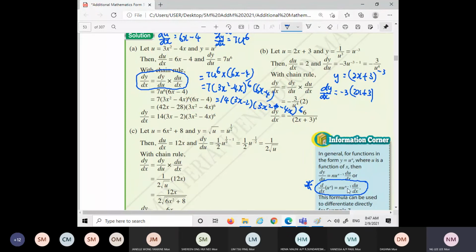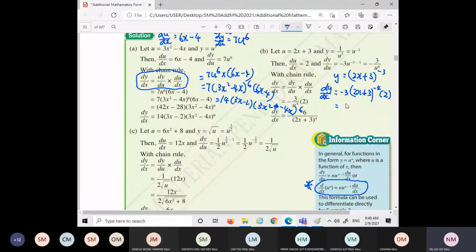The power does what? The power minus 1, so -3 minus 1 is -4. After that du dx. Differentiate this with respect to x, because this is the u. Differentiate 2x, you get 2. Differentiate 3, you get 0. So this is the answer.